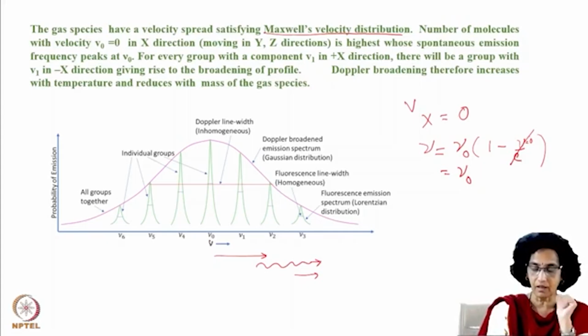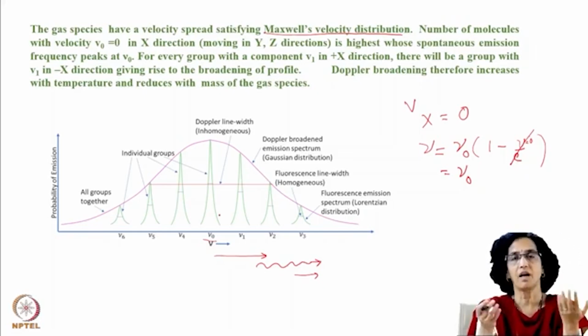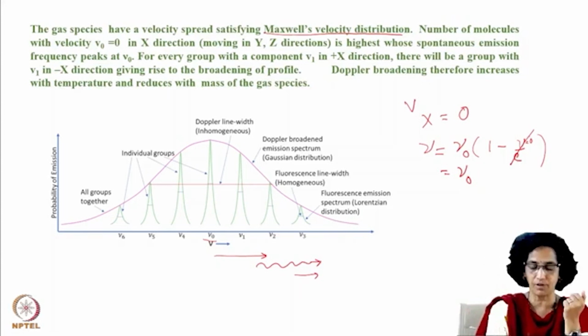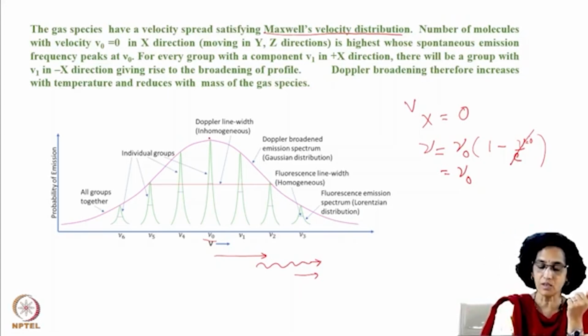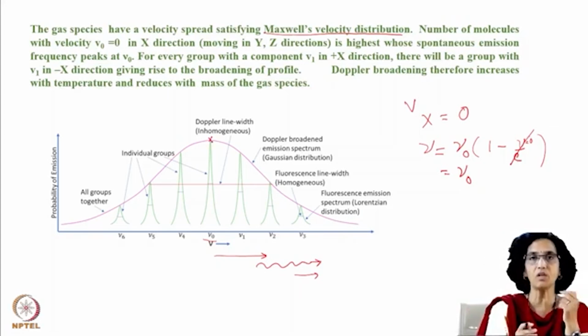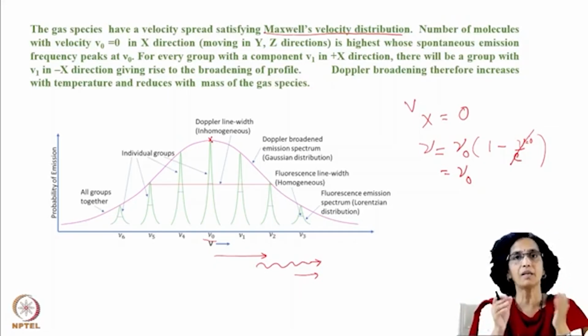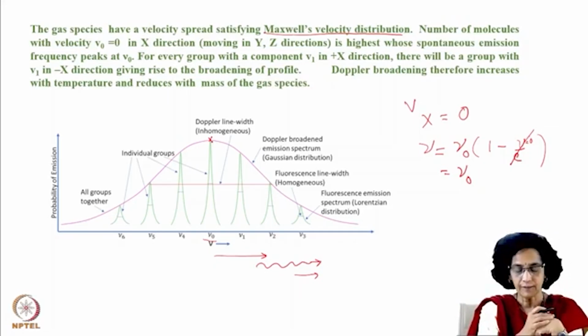They will emit at the central frequency nu 0, with a spread based on the pressure as well as the natural line broadening. So we have the highest point from the molecules which are moving in all other directions but have no component in the x direction.